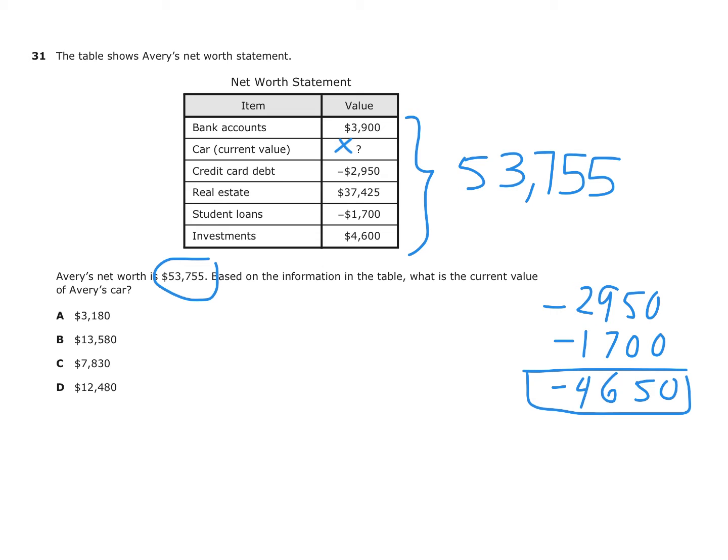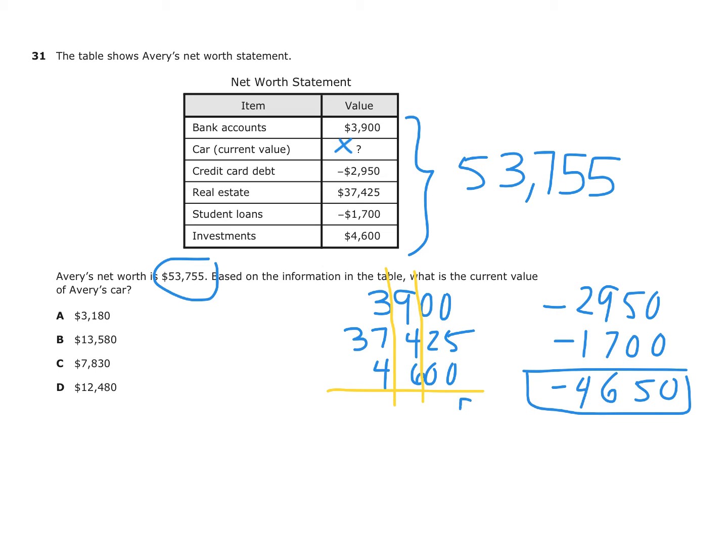And then the bank account, he's got 3,900. And then the real estate, he's got 37,000. Make sure that we line the thousands up correctly. And investments is 4,600. Just to make sure that you line these up correctly, I'm going to draw a line here. That's for your thousands. So what do we have when we add these?